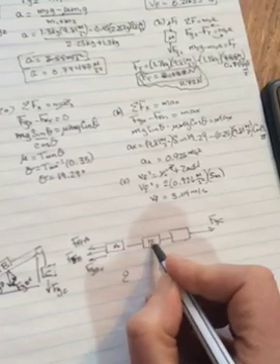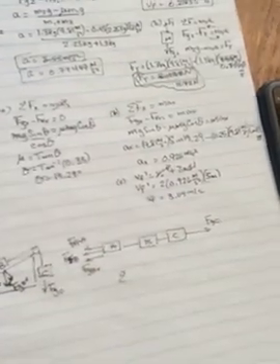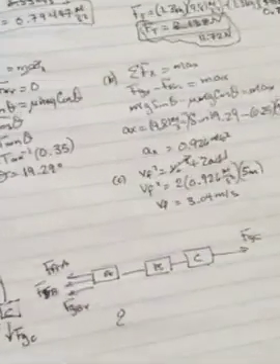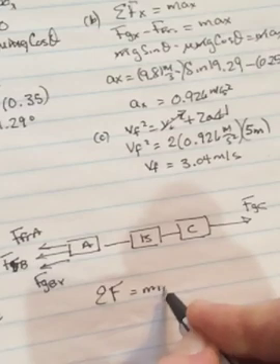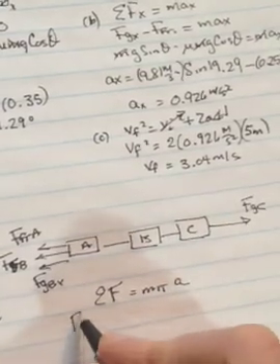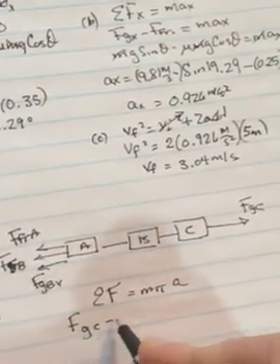So here's A, here's B, and here's C. And we're going to do the sum of the forces is equal to M total A. So going one way is going to be FGC.